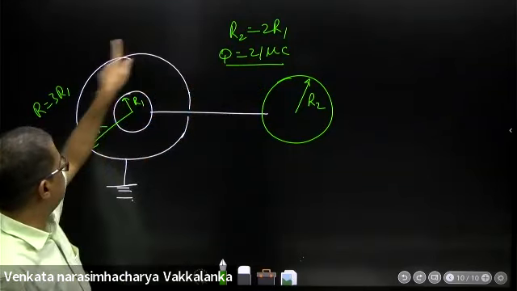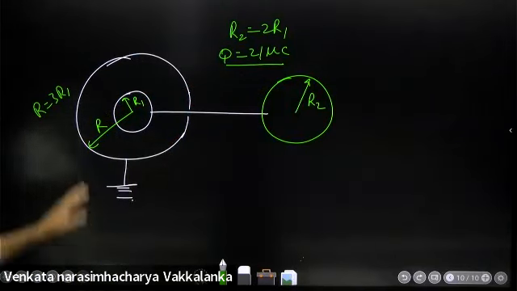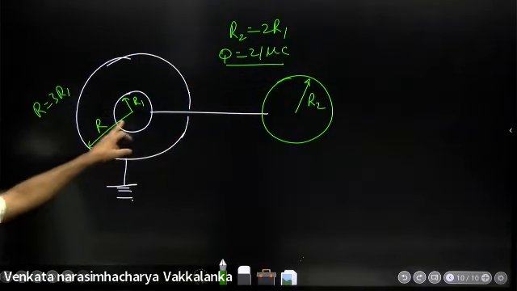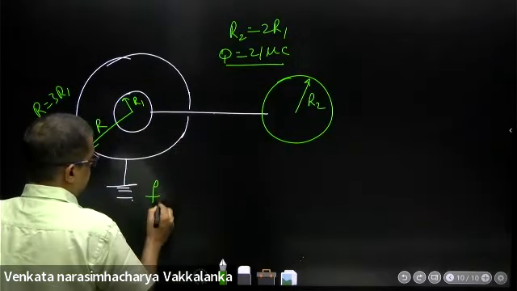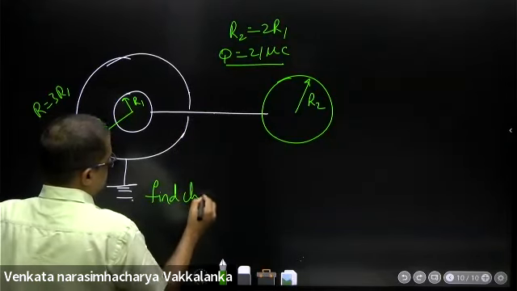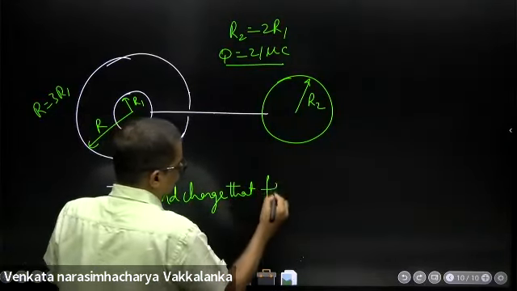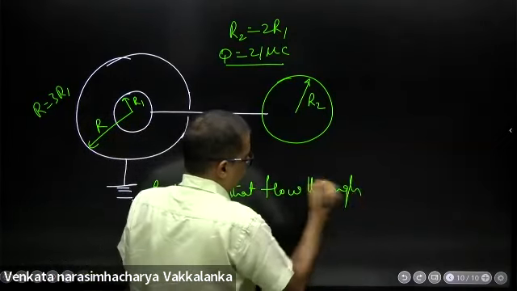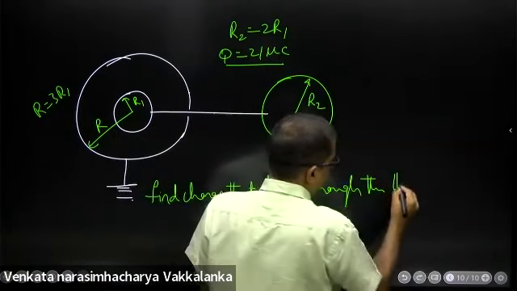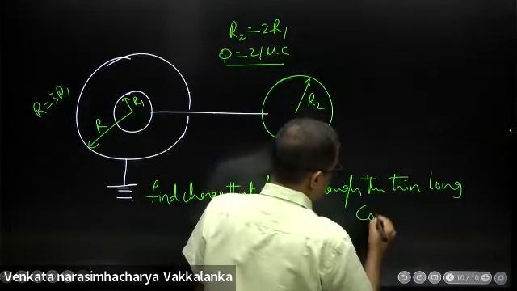Then this sphere is placed inside a grounded sphere this way. Find the charge that flows through the thin, long connecting wire.